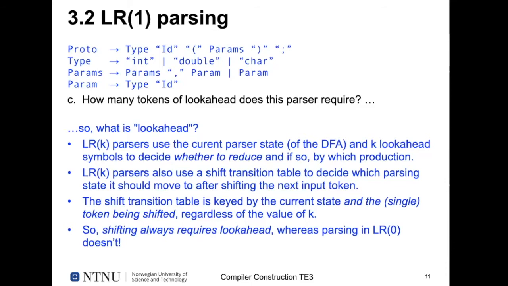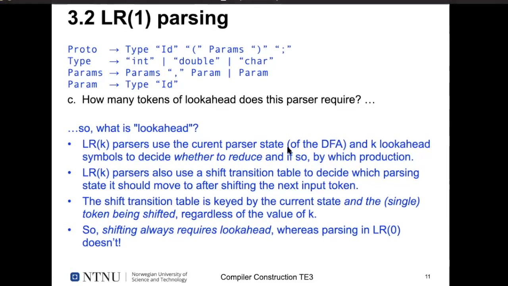LRK parsers also use a shift transition table to decide which parsing state it should move to after shifting the next input token. And the shift transition table we've seen is keyed by the current state and the single token being shifted, regardless of the value of K. So that means for shifting, for the shift transition table, we always need a look-ahead of one token to figure out which state we should move to after shifting.